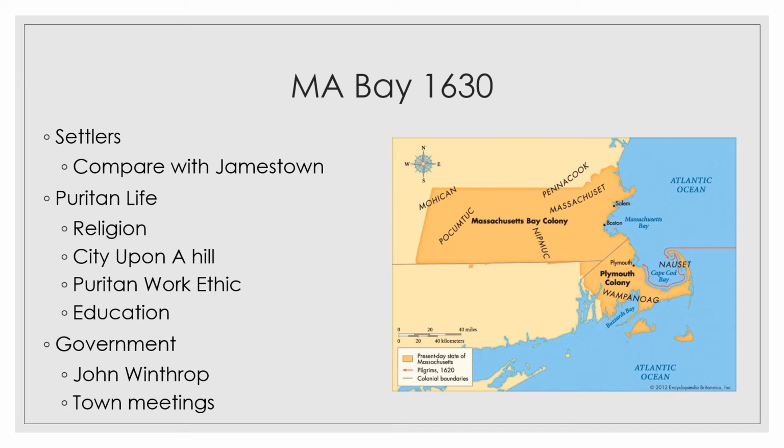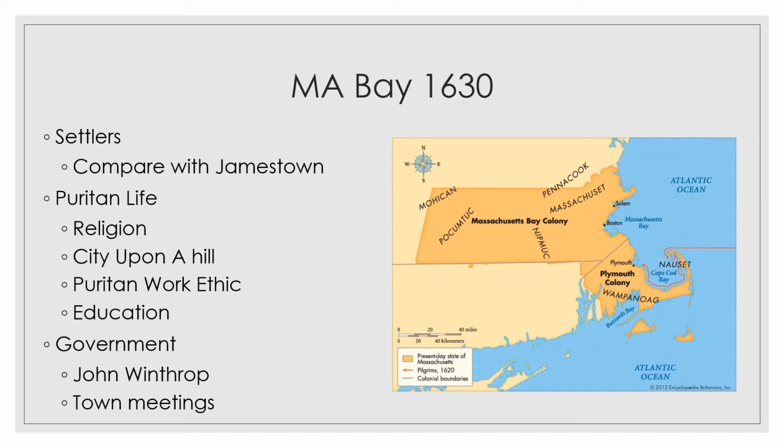In fact, in order to be able to vote in Massachusetts Bay for most of the 1600s, you actually had to be a member of the church. That was a pretty big deal because not everyone was open and necessarily welcomed into membership. You had to experience a conversion to be able to be a member.